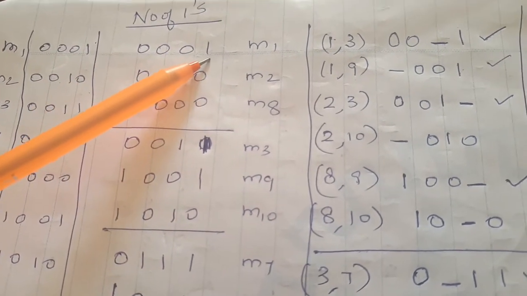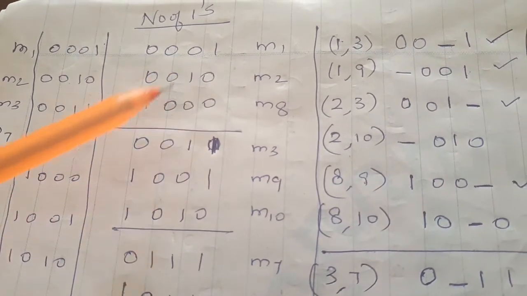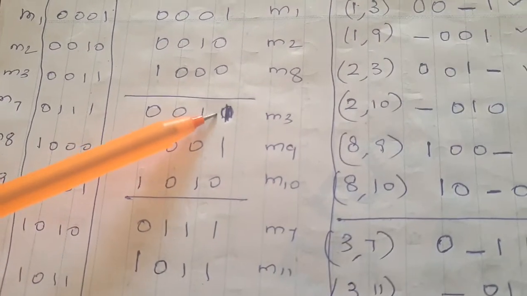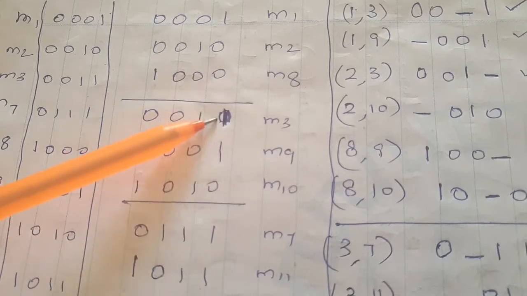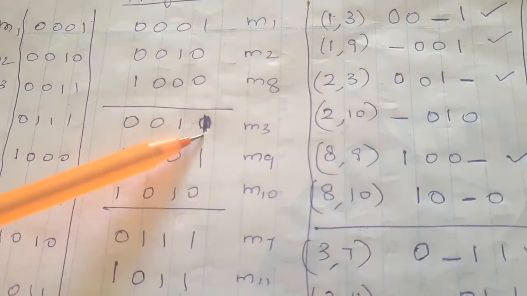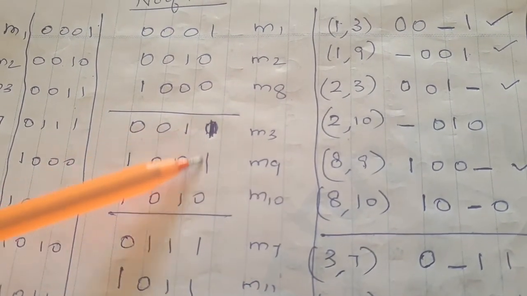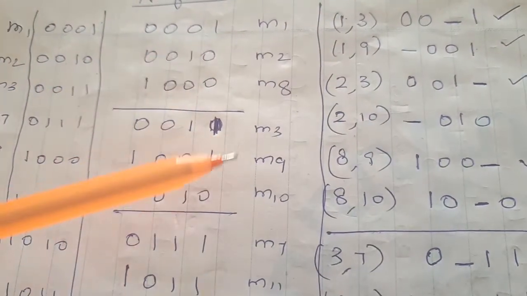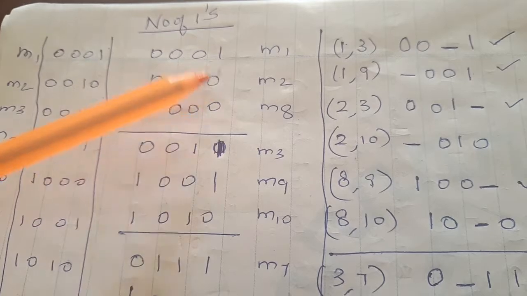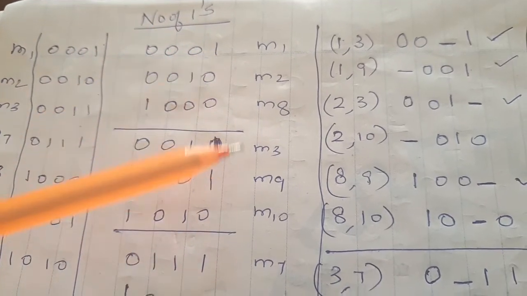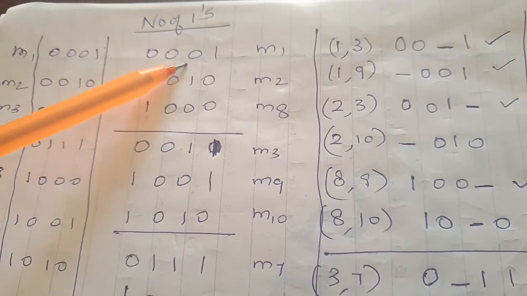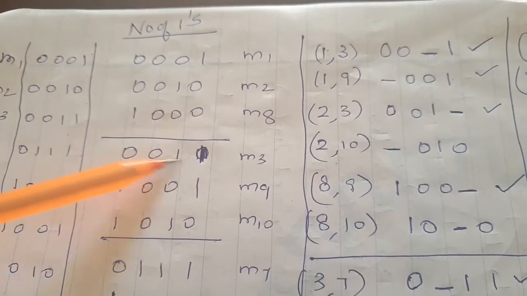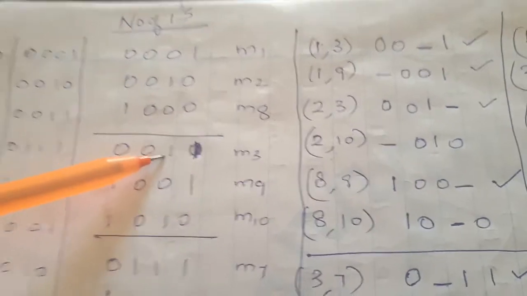The 1 is in the last position, so find which minterms in the second subset have a one in the last position. You have 3 and 9. Compare 1 with 3, and compare 1 with 9. The last value 1 is matched. But in between, when you read the other inputs, this is 0, this is 1.